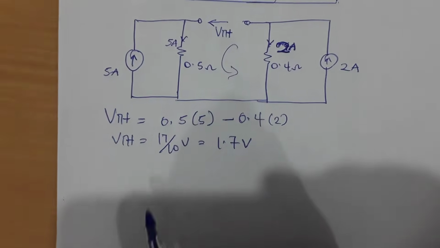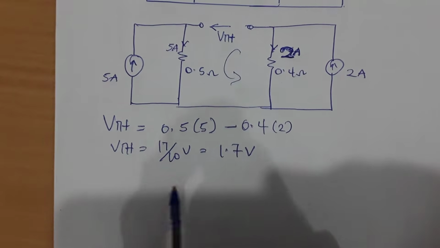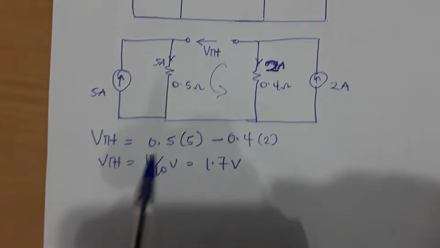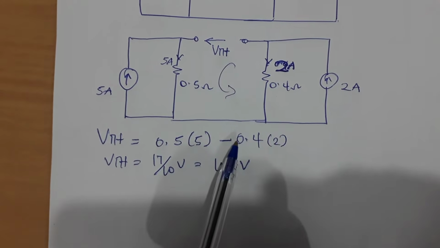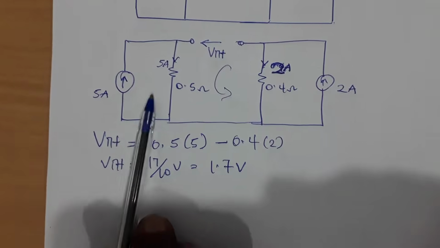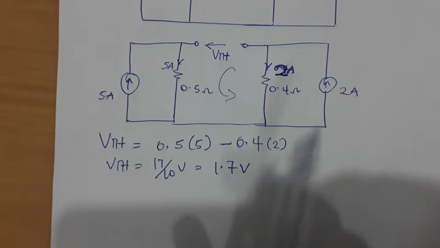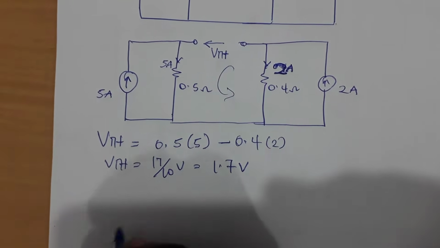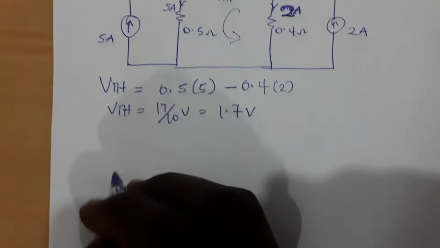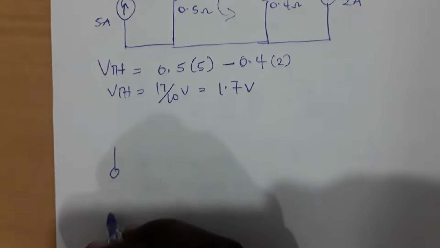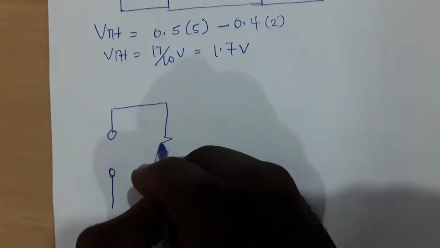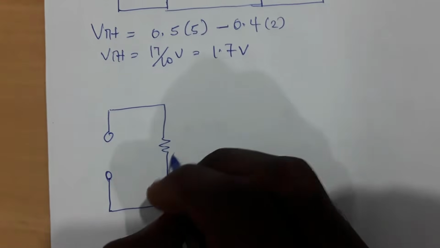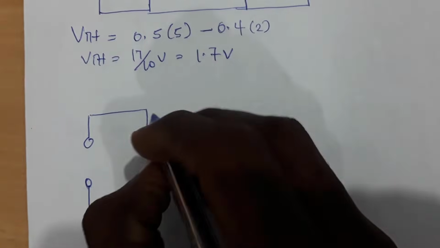Right, so getting our VTH, our next action is to find our RTH. So for RTH, we deactivate all sources. When they are voltage sources, we short them, and when they are current sources, we open circuit them. And in this case, we have current sources, so we will open circuit them, and this is what will happen. This will be open, and we will have 0.5 ohm here.